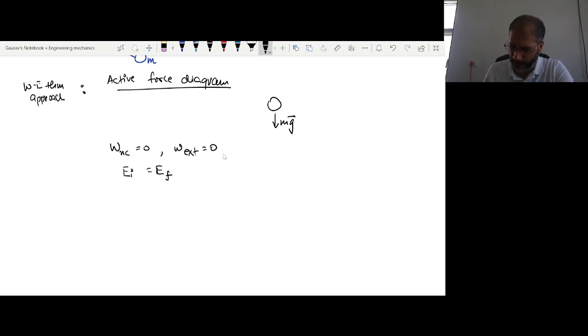So initially the mass, so let's draw the figure again. So it goes from phi naught to some general angle phi.